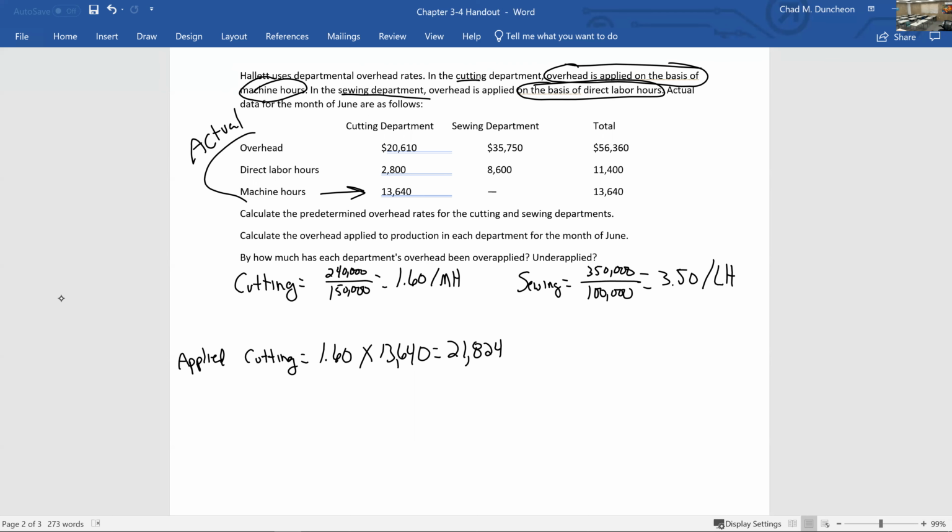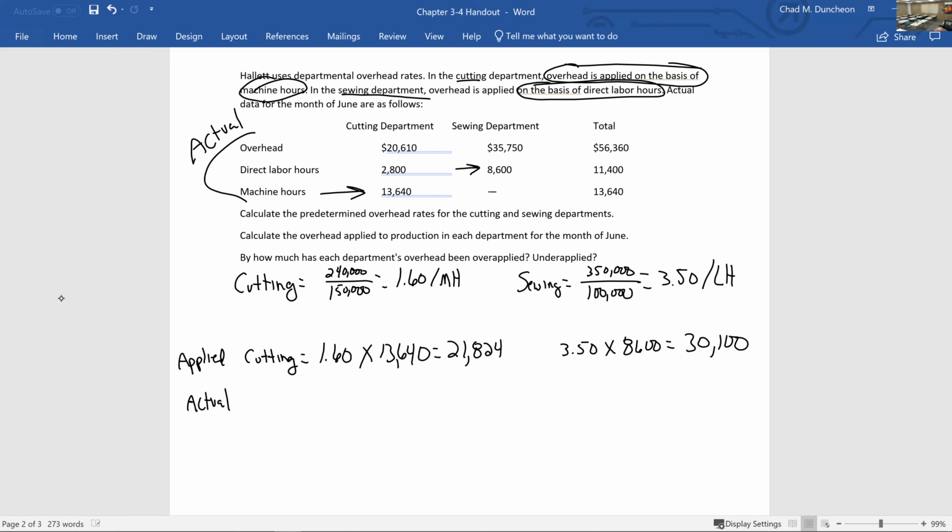In the sewing, we take our 3.50 multiplied by our actual direct labor hours of 8,600, and we find out that 30,100 was applied to the sewing. That's the overhead applied to each department for the month of June.